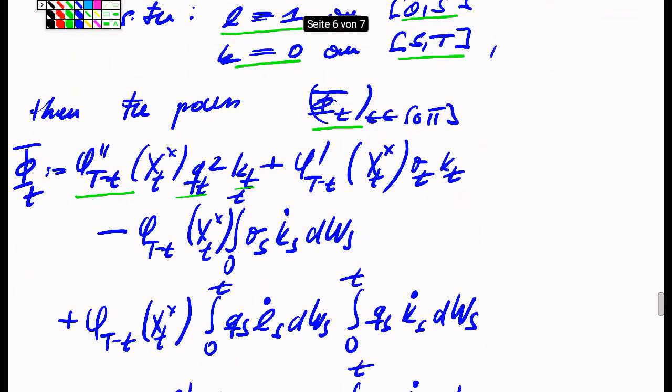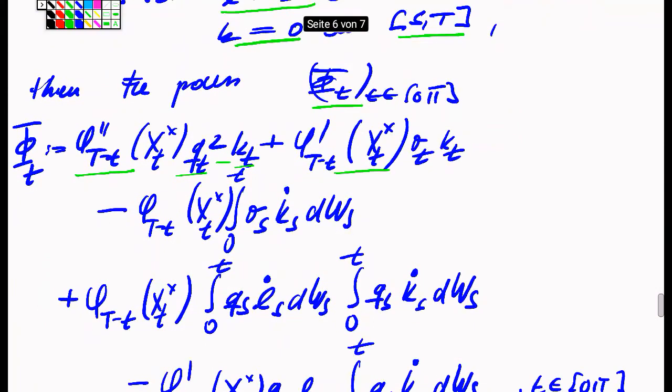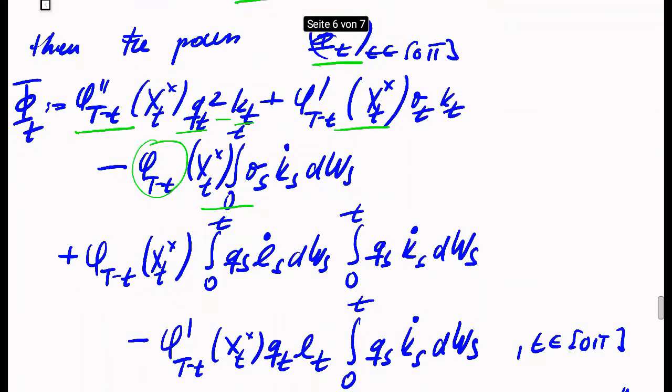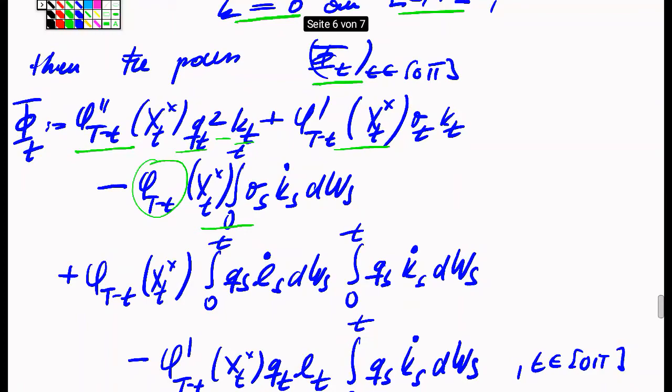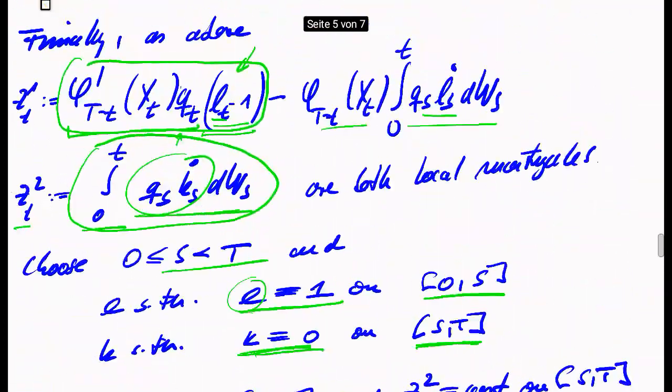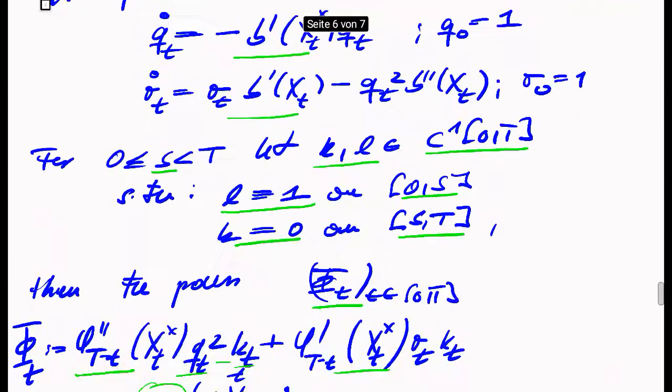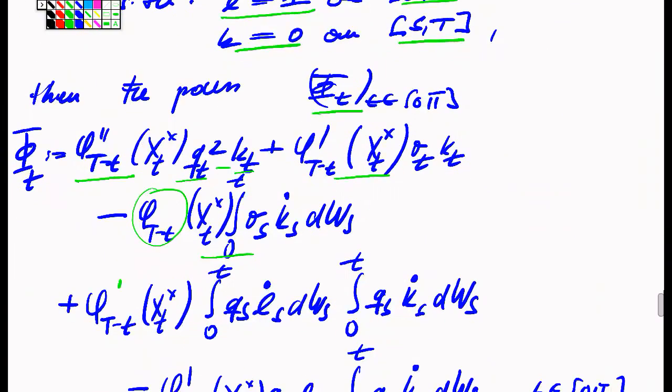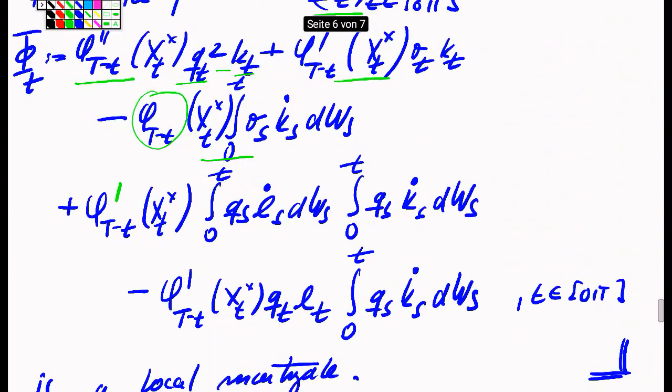Then the following process, phi t, is a local martingale, and it is just a collection of these processes which we have just seen. So it's this phi double prime with this combination, it's this guy which we discussed, then it's this other component which is of no harm because it does not involve derivatives of the phi, and finally it's this phi process, and here I guess there is a misprint. Here it's the phi prime process, no, it's not correct.